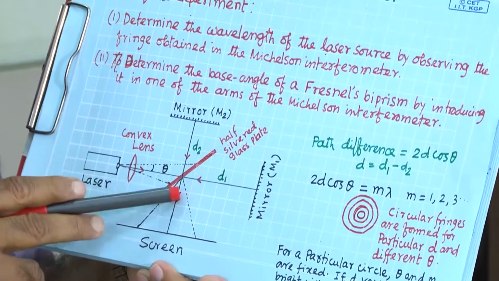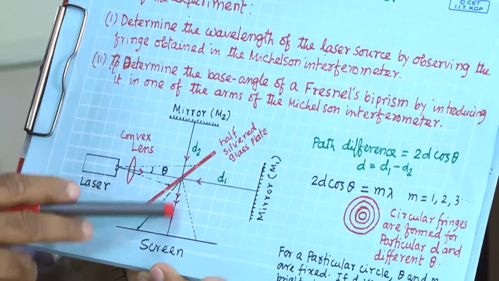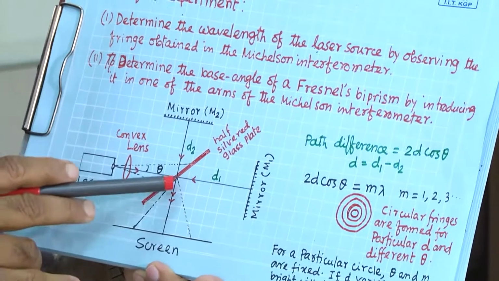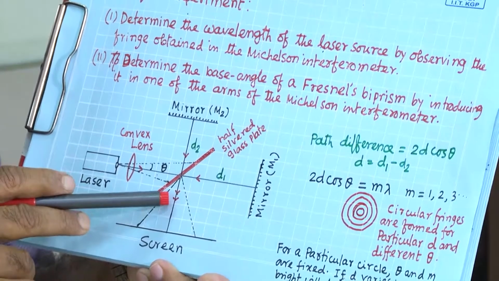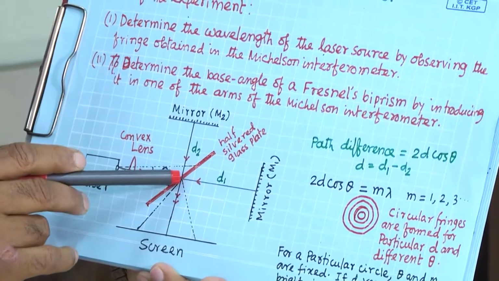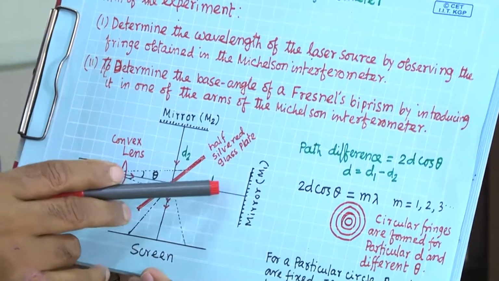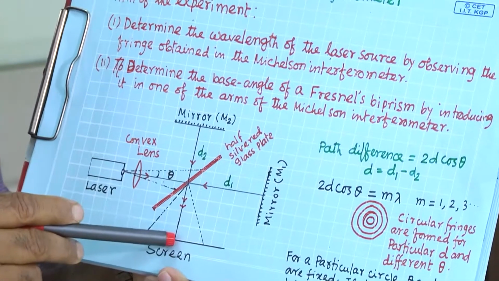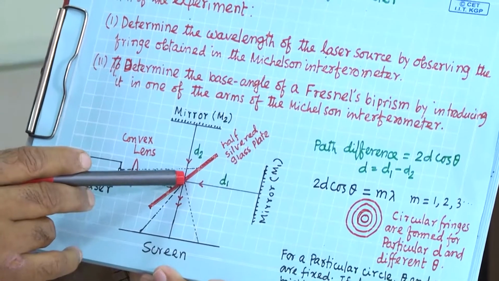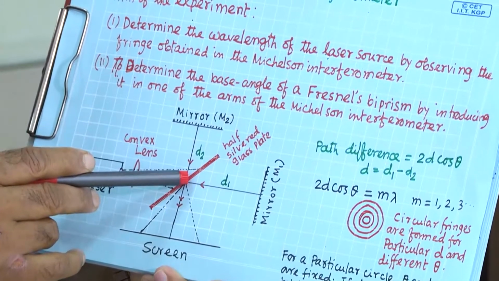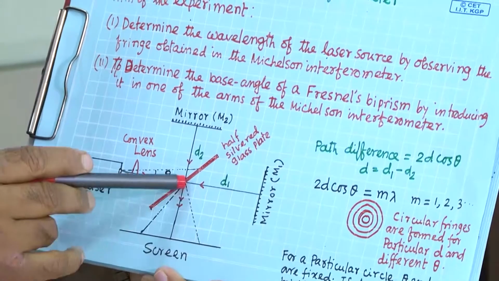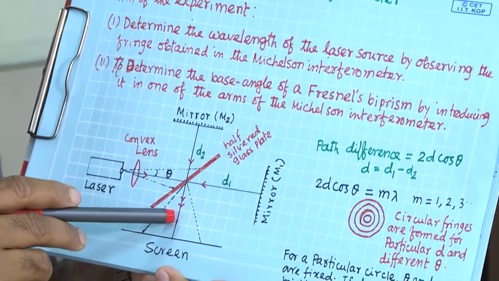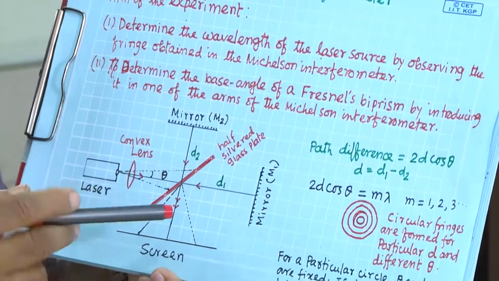Now, the path difference between these two rays which interfere. Starting from here, one goes and comes back downwards; another goes here, comes back and goes downwards. So, this path is the same for the two rays which are interfering.